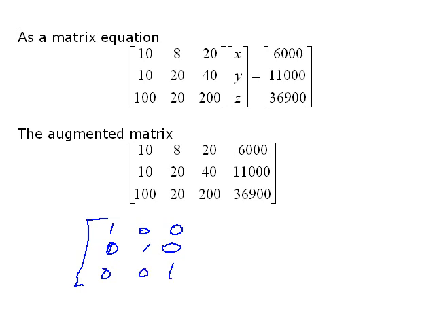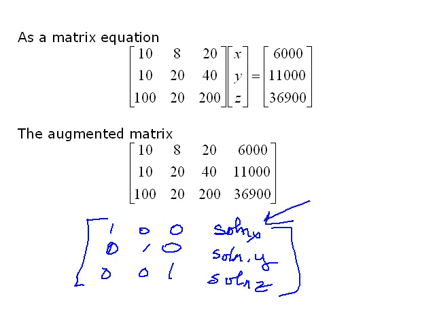And then what I'll get over here in this last column is the answer or solution for X. This will be the solution for Y, and here's the solution for Z. So once I have this as the identity matrix, then what I have in this last column are the solutions.